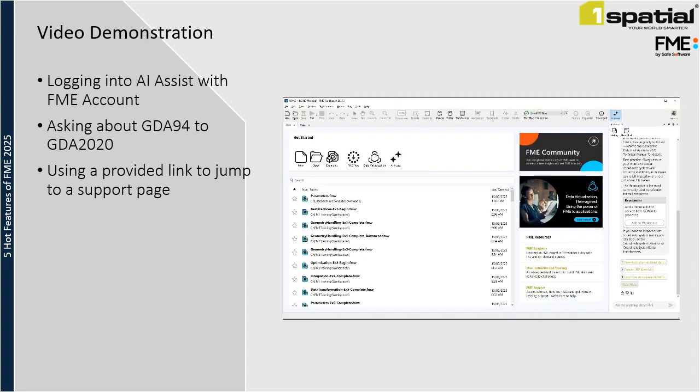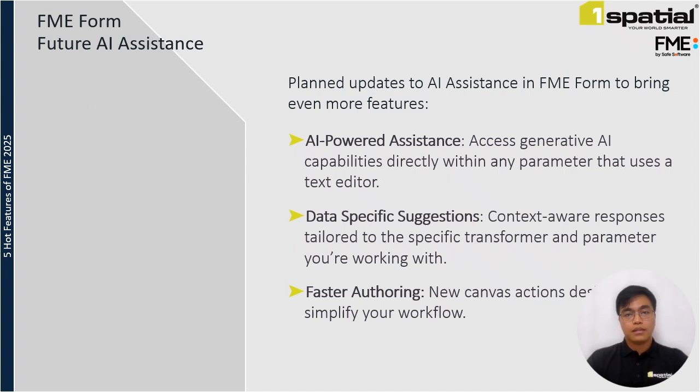So it gives me lots of good information within FME and also allows me to go and find the external information very easily, but I never had to leave FME Workbench to get started. So yeah, that's a short demo on how AI Assist works.